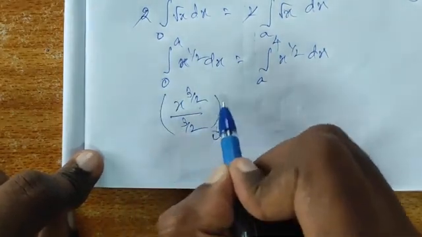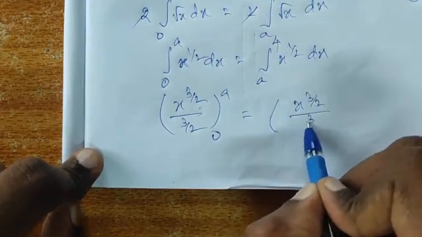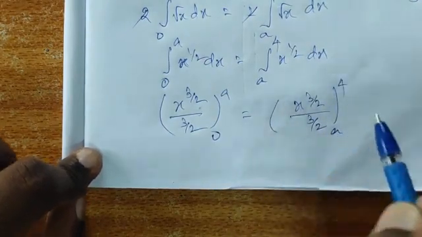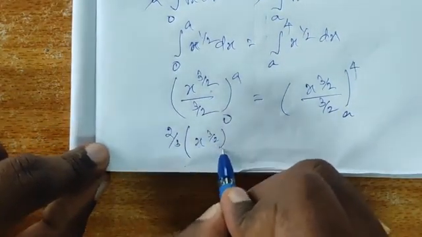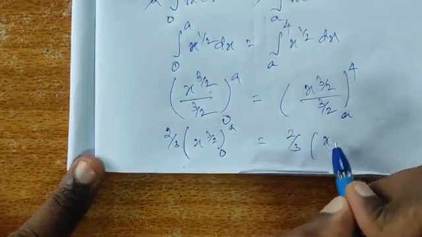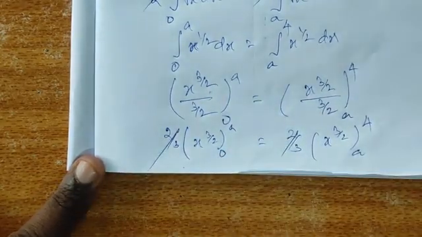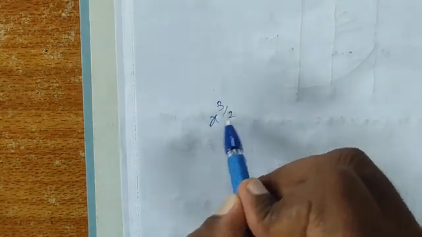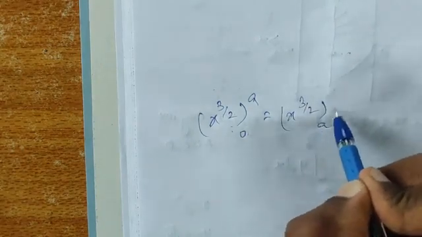So 2 by 3 into x power 3 by 2 from 0 to a is equal to 2 by 3 into x power 3 by 2 from a to 4. 2 by 3 gets cancelled. Therefore x power 3 by 2 from 0 to a is equal to x power 3 by 2 from a to 4.